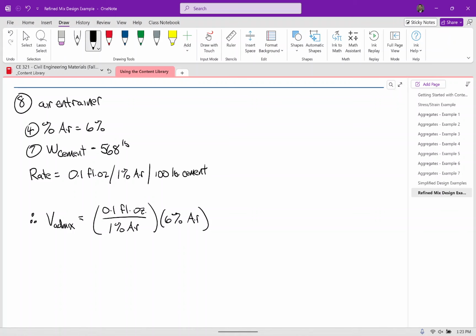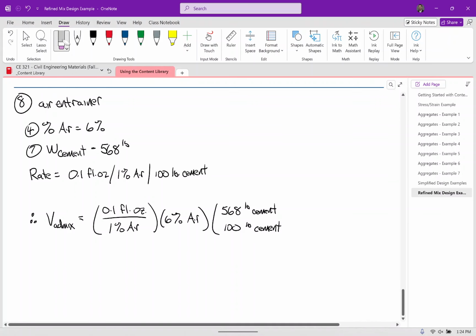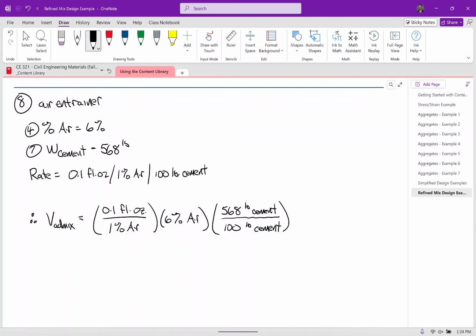Now this will work for 100 pounds of cement, but I'm not putting 100 pounds of cement in this. I'm putting 568 pounds. And there we go.